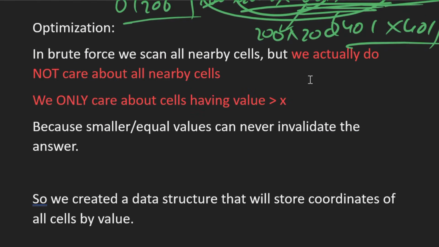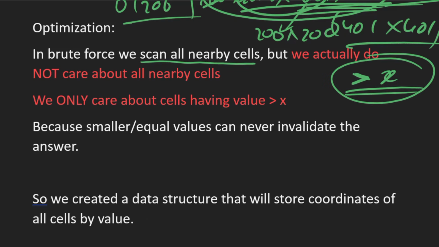Now in brute force we are scanning all the nearby cells. But if you see in the question, we care about only those cells whose value is greater than x, because those are the cells which can invalidate our current local maxima, right?